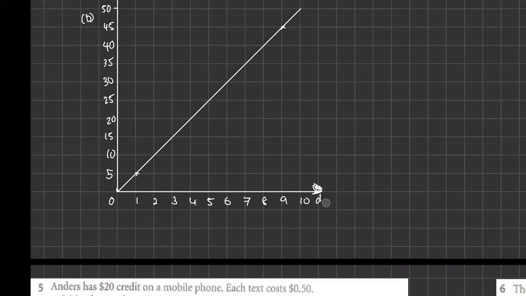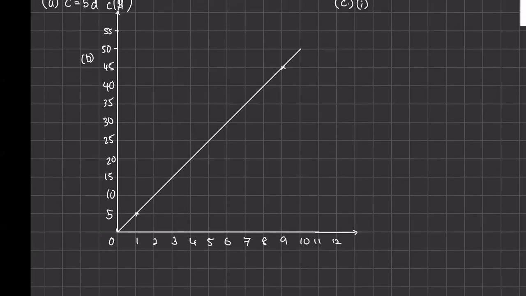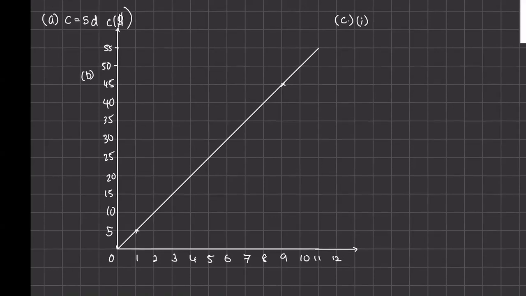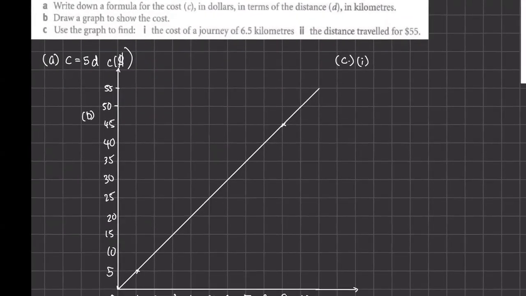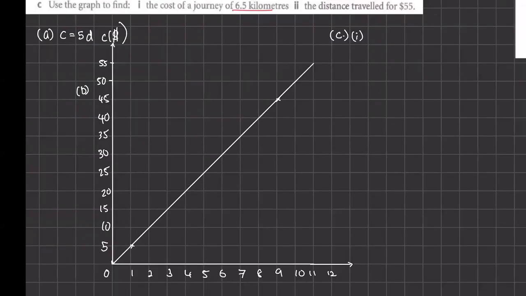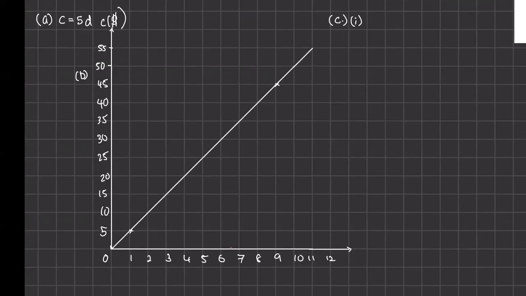Just erase this. So 11 would be extending the graph just a wee bit. So to show the cost of journey of 6.5 kilometers, 6.5 would be here, which I would say is 32.5.